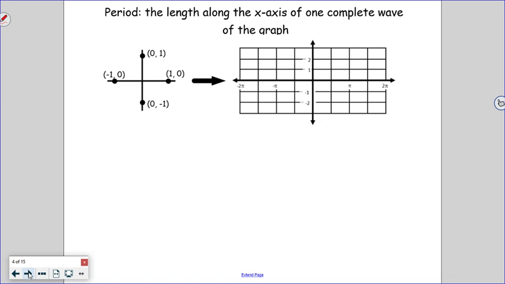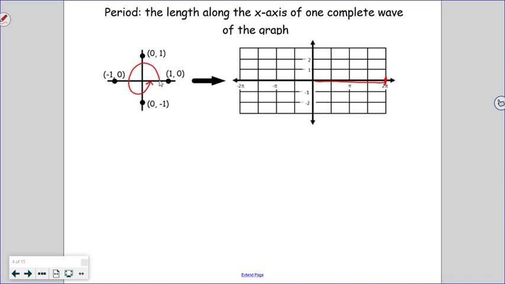We did not talk about what that's called, but when you represent all of the sine or cosine values that would go around the entire unit circle, starting at 0, and working your way around to 2 pi, that is what's called one period of your graph.